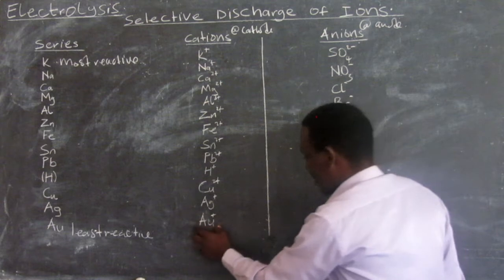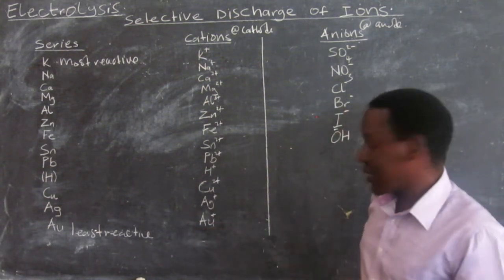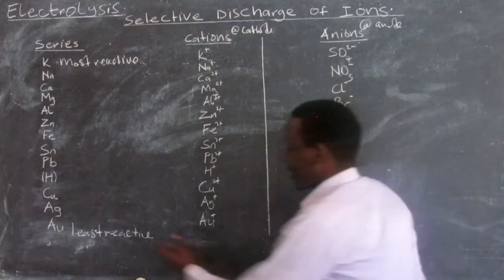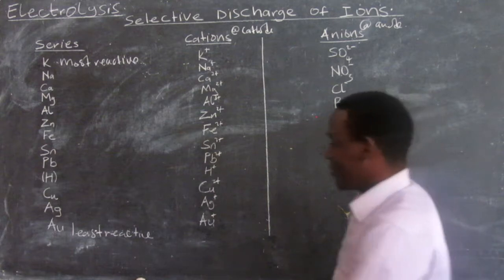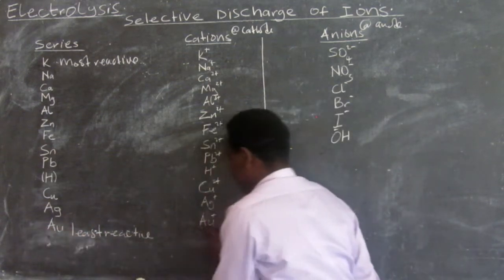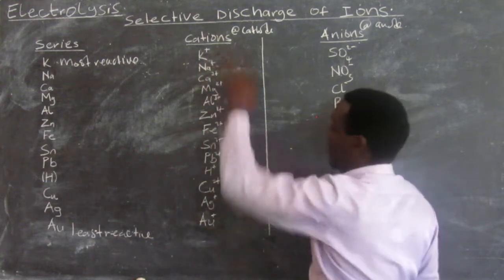Reason being, this gold ion wants to gain electrons so that it can form back the gold atom and stabilize. Therefore, we shall select this one in preference to this one.